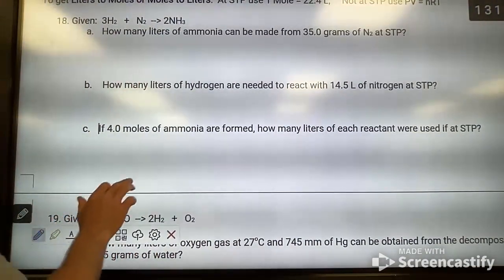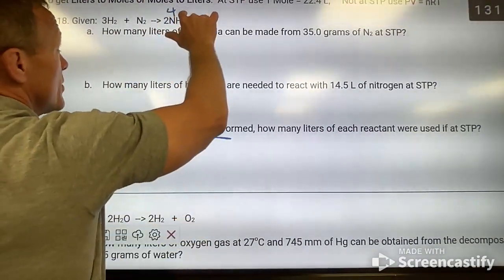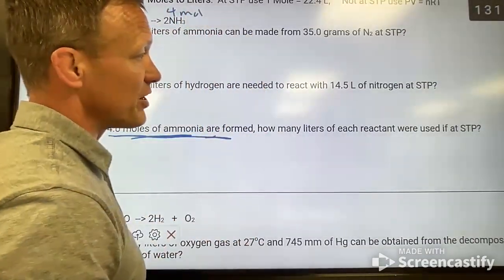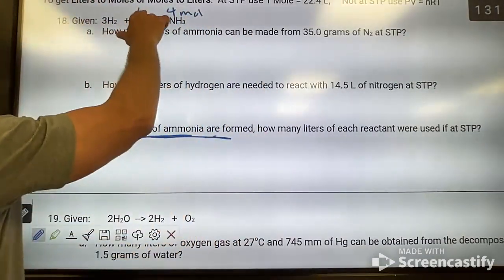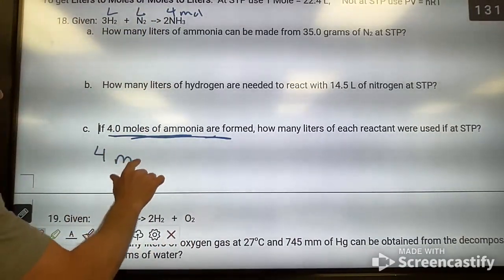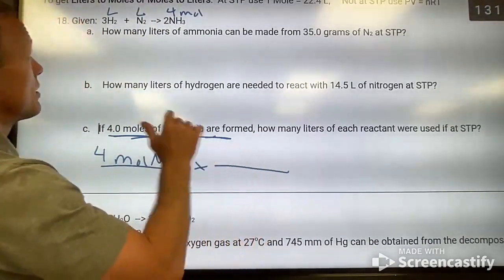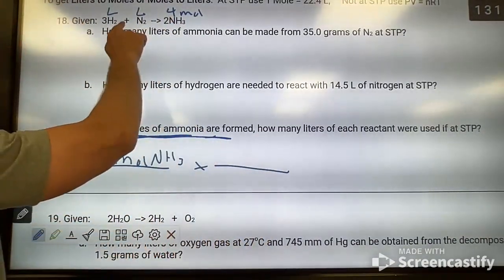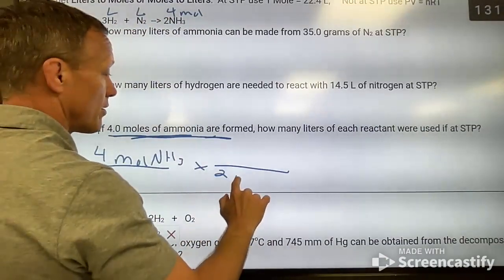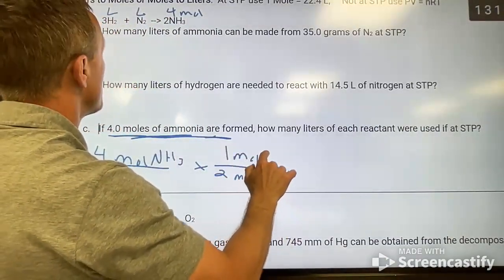One more question. We got 4 moles of ammonia being made. So we got 4 moles of this being made. How many liters of each reactant are used? So we want liters of this, liters of that. And we got 4 moles NH3. For every 2 moles of NH3, there's 1 mole of N2.